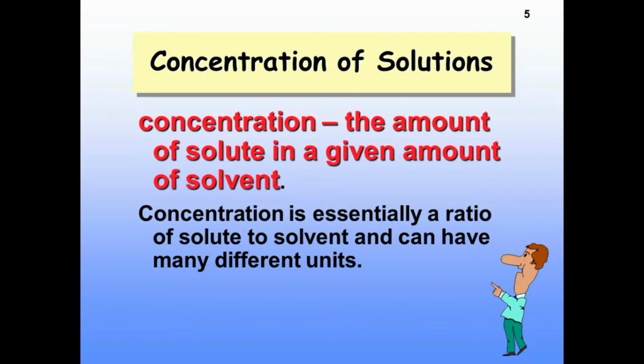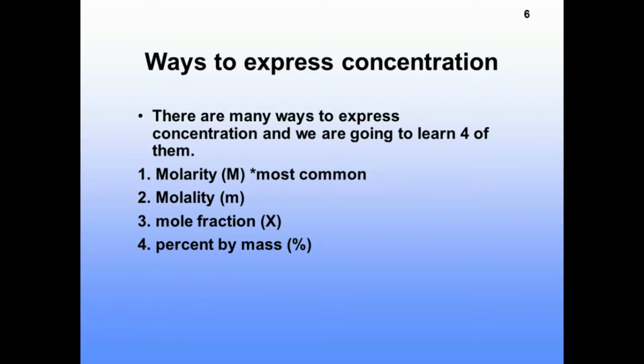Anyway. So concentration. All right, so here are the list of the ones you're going to have to know. There are 4. The most common, the 90% of the time, and this is the main one I care about, is molarity. If you understand molarity, you can approach college chemistry with a pretty good mind. It happens. But anyway, so these are the 4. There is molarity, there is molality, which we'll talk about later. They sound exactly alike.